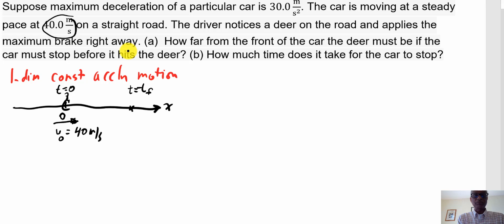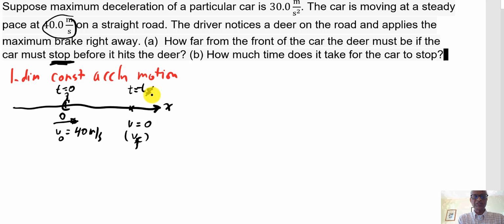According to the situation, the car is to stop, meaning at this point v is equal to 0. Sometimes we call it v sub f, but I'm not going to use too much notation.